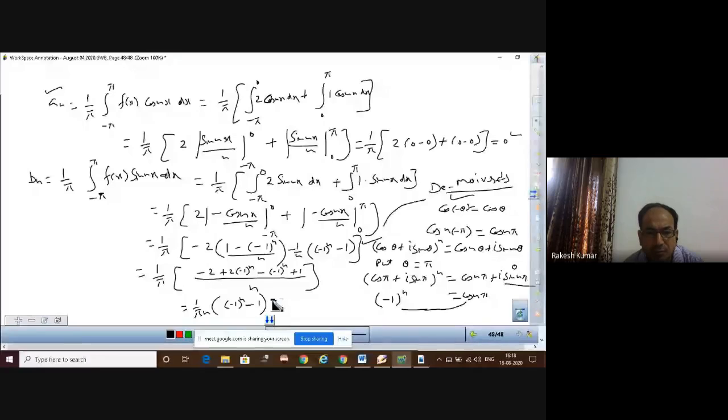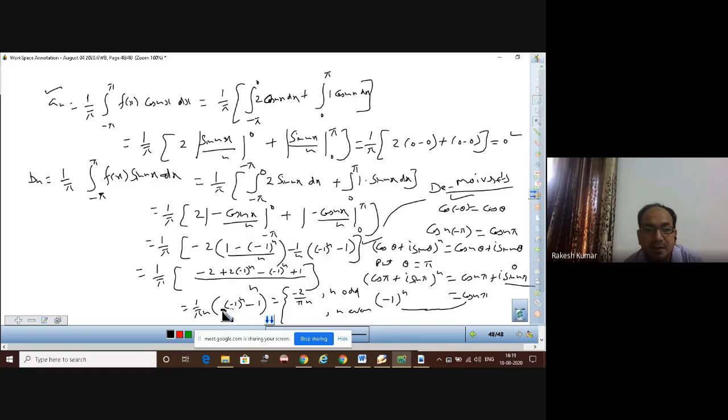Now, two cases will come over here, n odd and n even. When n is odd, minus 1 raised to an odd power will come out to be minus 1 again. Minus 1 and minus 1 will be minus 2. So the value comes out to be minus 2 over pi n.